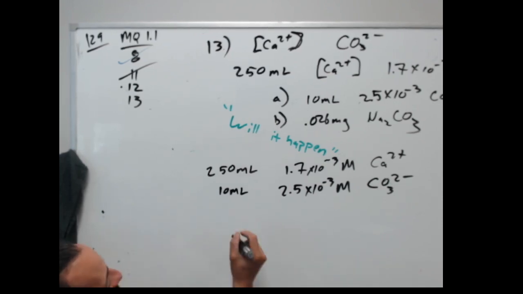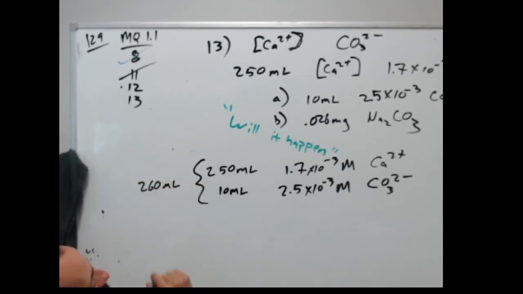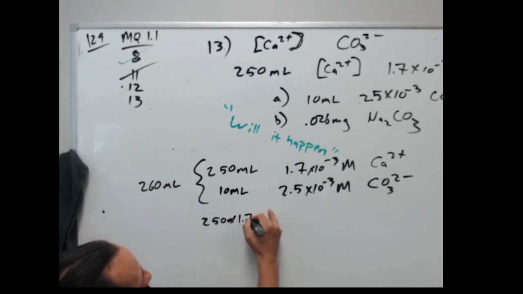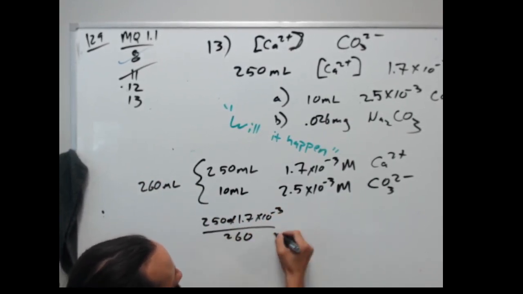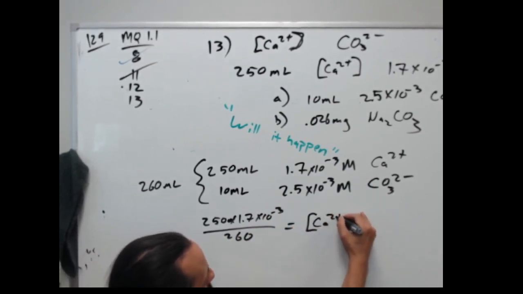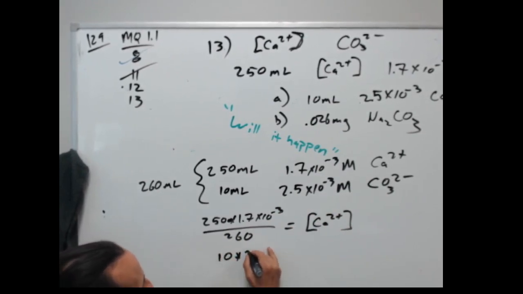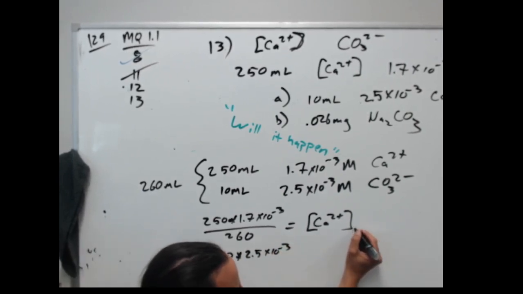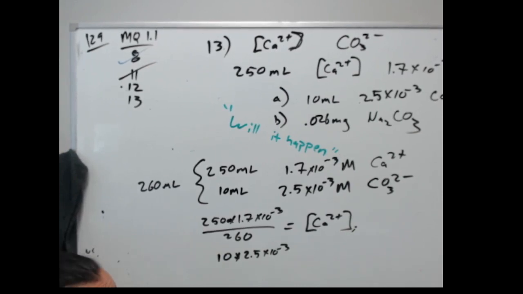That's it. So our total volume, when we add this together, we're going to have 260 milliliters total. So I'm going to do 250 times 1.7 times 10 to the minus 3 divided by 260. That's going to be equal to my calcium concentration. And then I'm going to do the same thing, except it's going to be 10 times 2.5 times 10 to the minus 3, and I'm going to call this initial, because this isn't an equilibrium value.